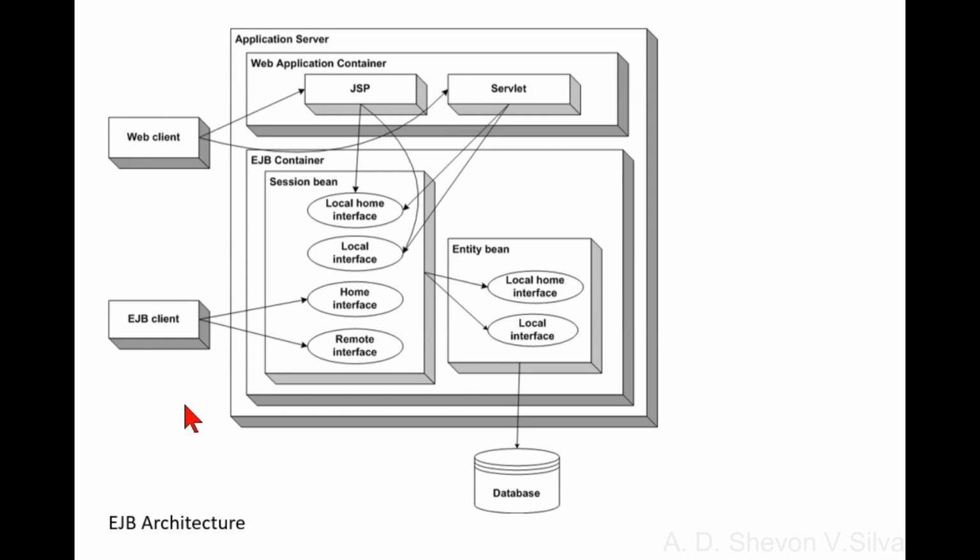The component's remote interface defines the business methods that can be called by the client. The client calls the home interface methods to create and destroy the component, mapping the component's logical name to the proxy objects that implement the home and remote interfaces.